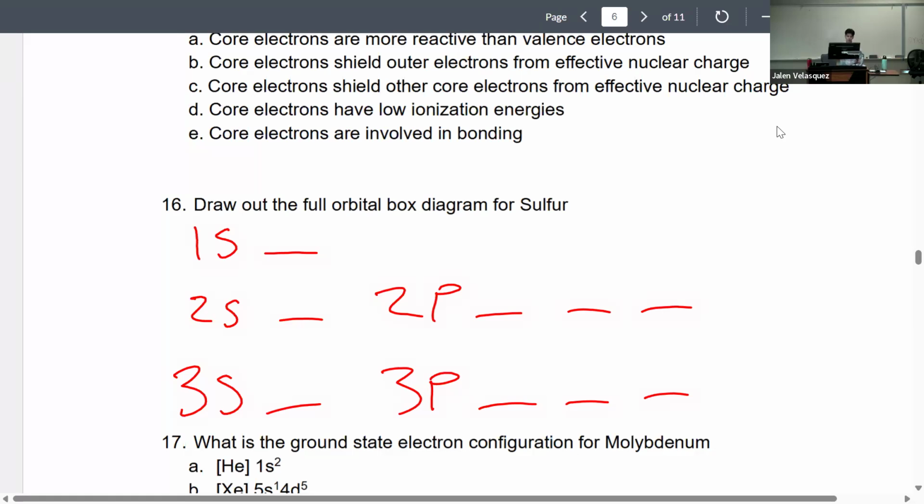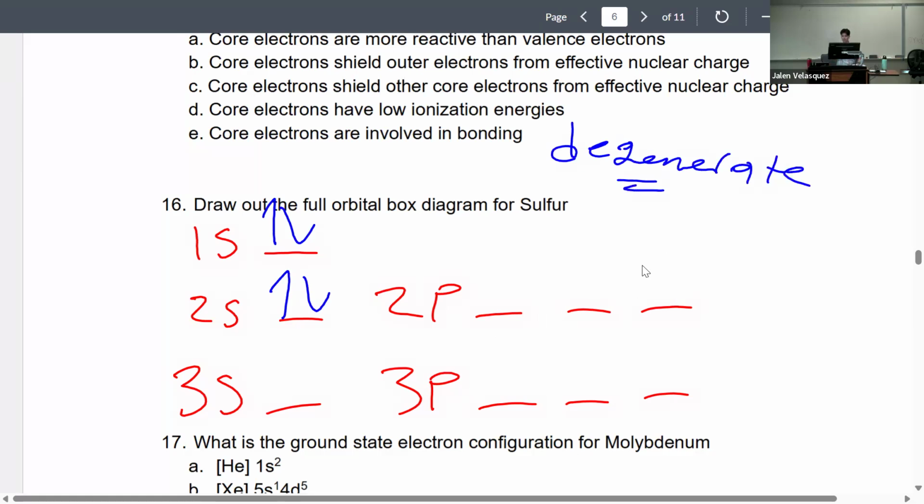So how do we do it? We go 1s2, 2s2, then we move to the 2p. Now, how do we fill electrons when we have degenerate orbitals? Remember, degenerate means the same energy level.